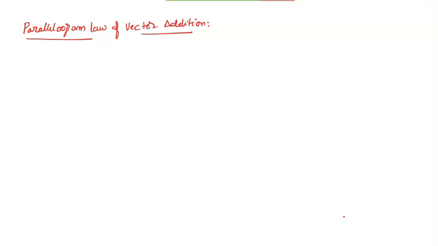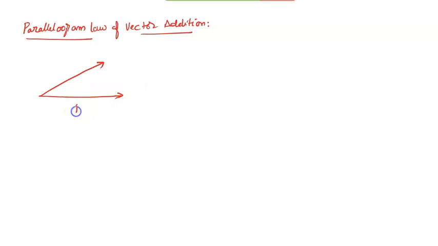If two vectors are represented by the two adjacent sides of a parallelogram taken in order, both in magnitude and direction. So here I am taking two vectors.